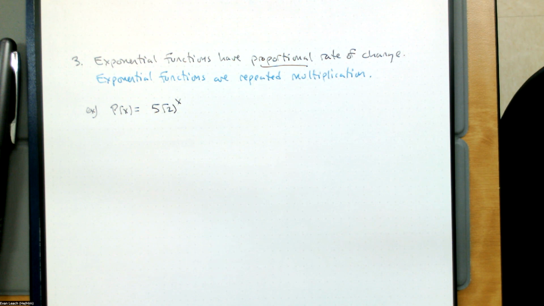So here's an exponential function, 5 times 2 to the x. This function says start off at 5 and multiply by 2 a bunch of times. P of 0 is 5, and P is multiplied by 2 every unit. So how things are changing is with multiplication rather than addition.